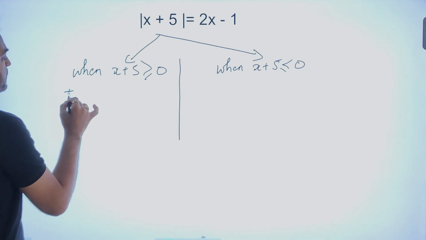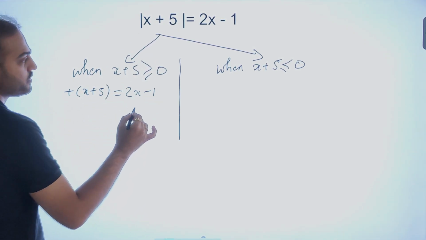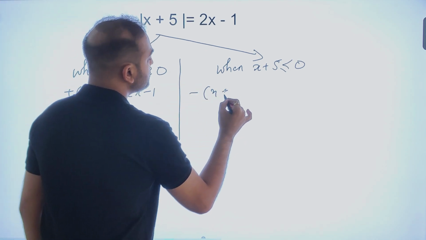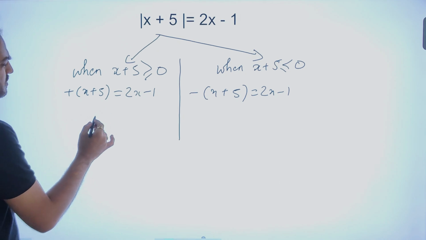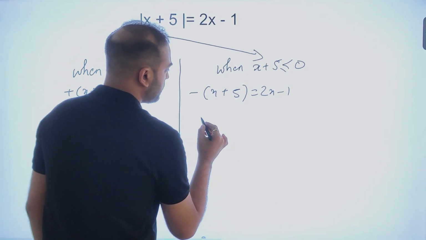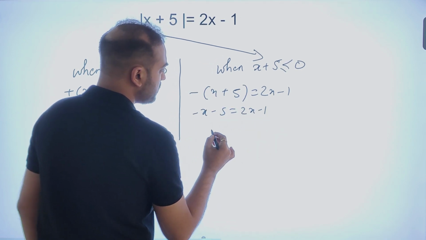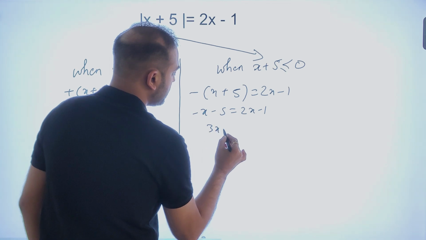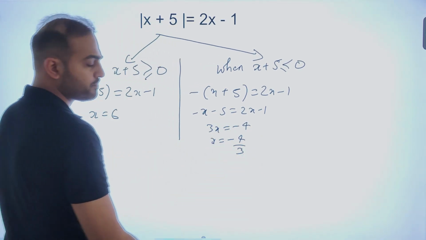Again break this: the entire modulus becomes positive, and replace the entire modulus with a negative sign. We solve this, we get x equal to 6. We solve this, we get minus x minus 5 is equal to 2x minus 1. We get 3x equal to minus 4, x equal to minus 4 by 3.